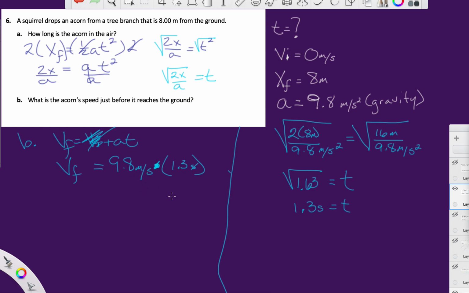And now we have meters a second as our unit. 1.3 times 9.8 is 12 point... Hey, I've done this before. 12 and 74 hundredths meters a second. If you wanted to make it 12.7, I think that's okay. But I think that's the only thing I have that gives me decimal places.